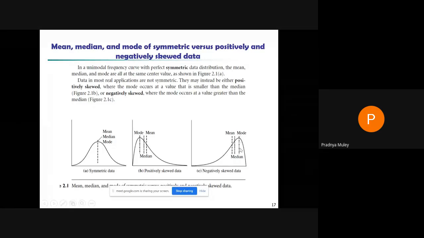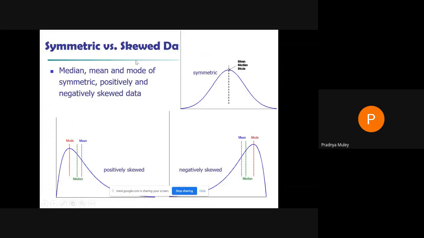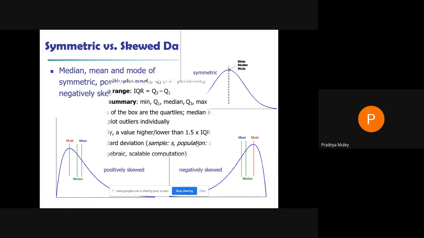So this is the mode, and the mode comes after the median, that is negatively skewed data. The same diagram shows the mean, median, and mode of symmetric, positively skewed and negatively skewed data.